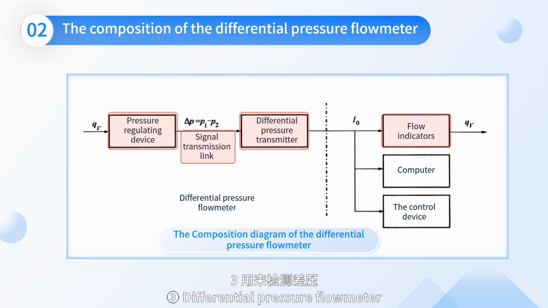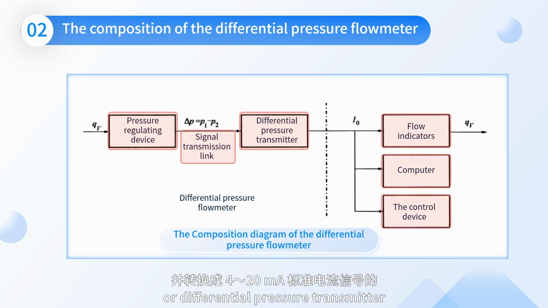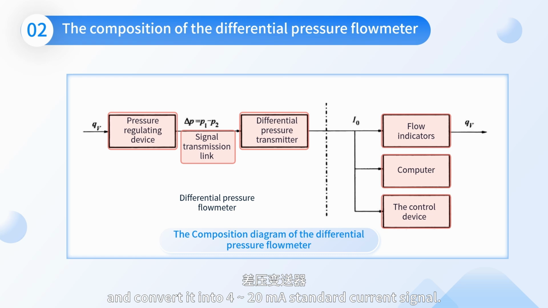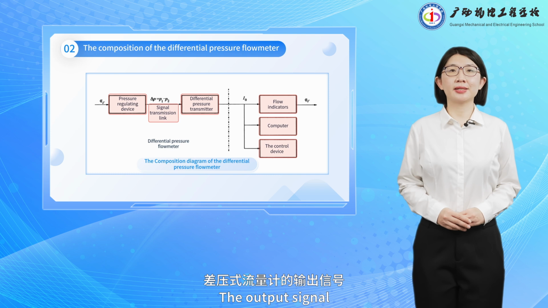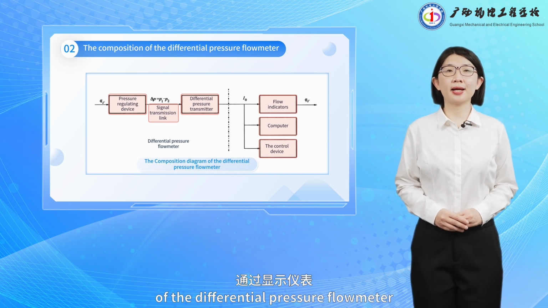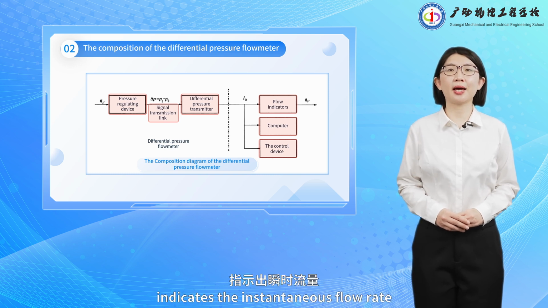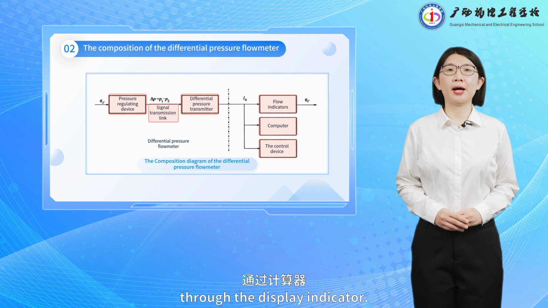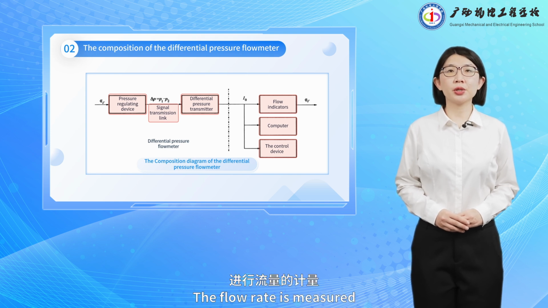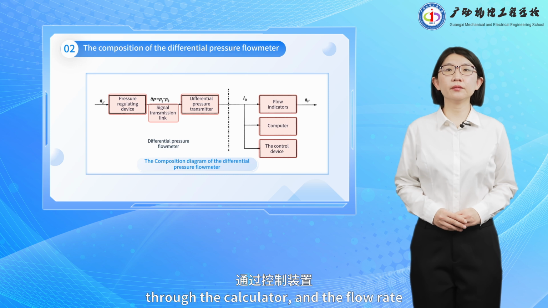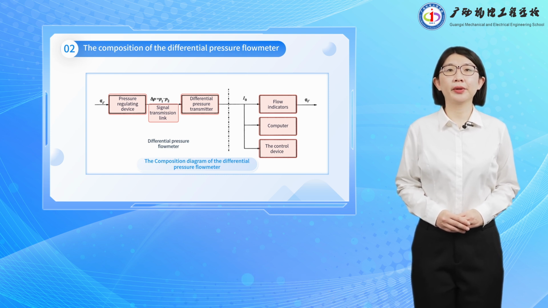Differential pressure flowmeter or differential pressure transmitter used to detect differential pressure and convert it into 4 to 20 mA standard current signal. The output signal of the differential pressure flowmeter indicates the instantaneous flow rate through the display indicator. The flow rate is measured through the calculator, and the flow rate is controlled through the control device.